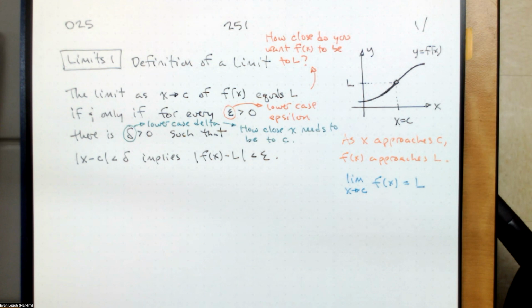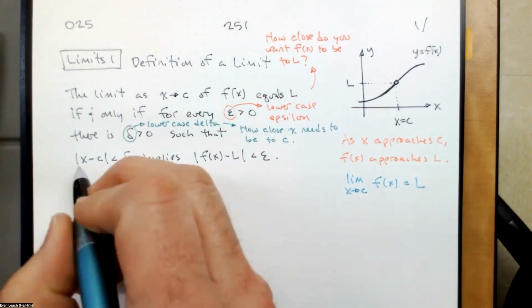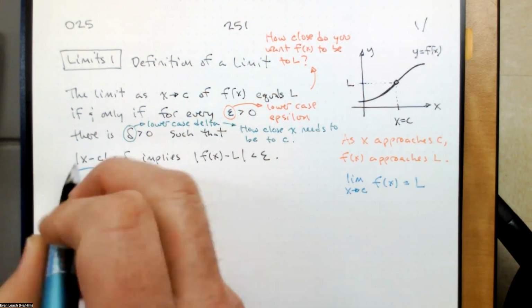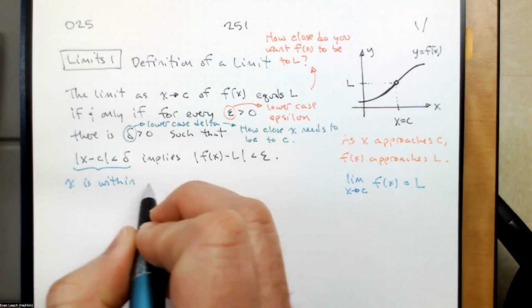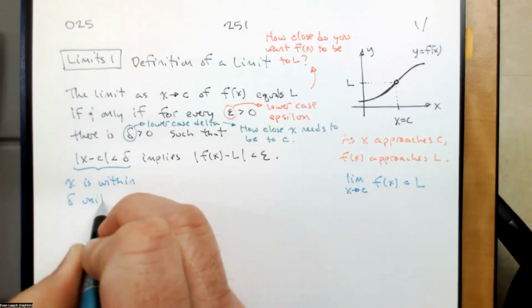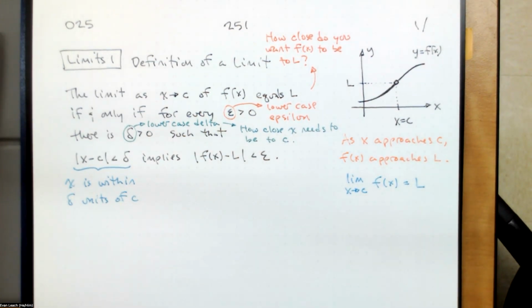So absolute value of x minus C less than delta means that x is within delta units of C. That's how we could read this expression here.